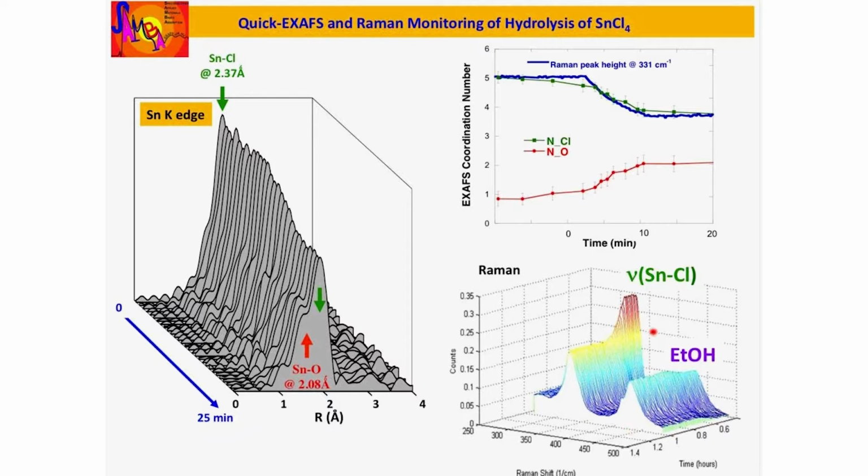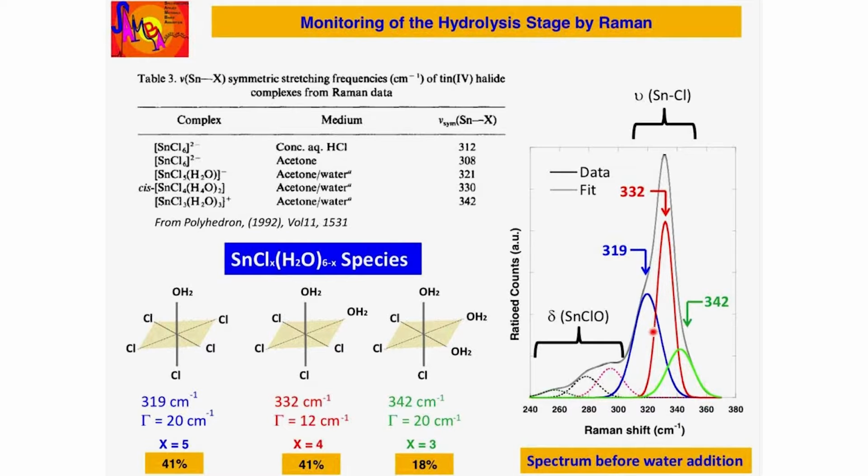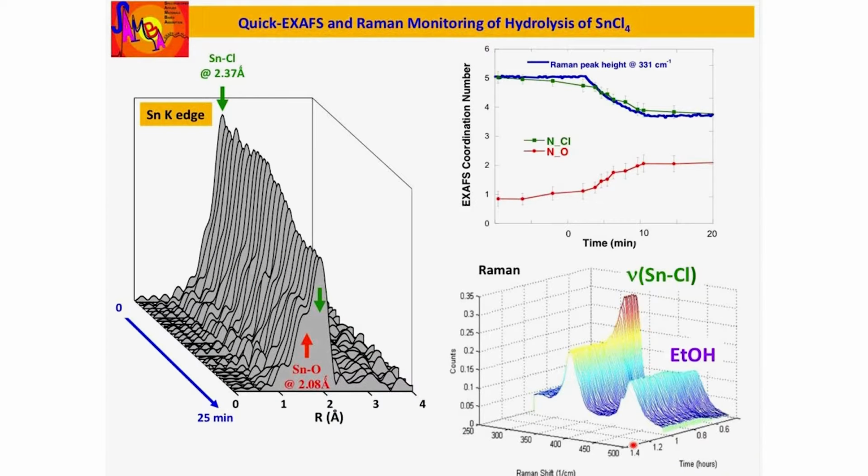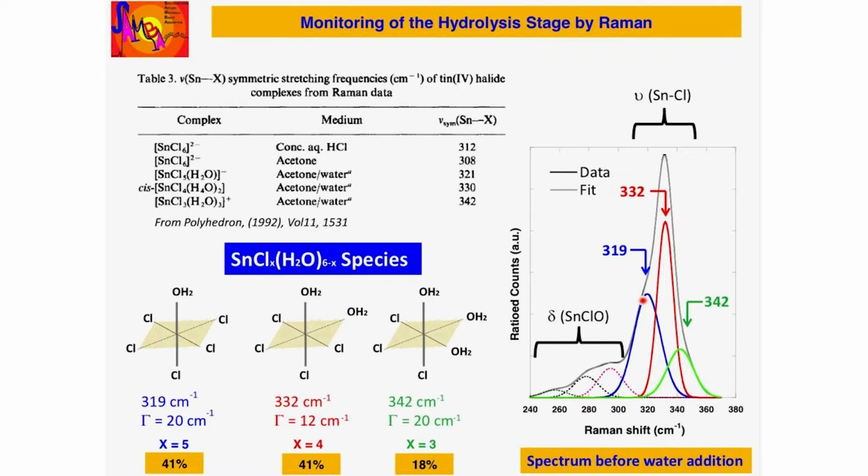If you look at the literature, you can see that this broad band here is the overlap of several lines, each line being characteristic of a kind of tin chloride hydrated complex.